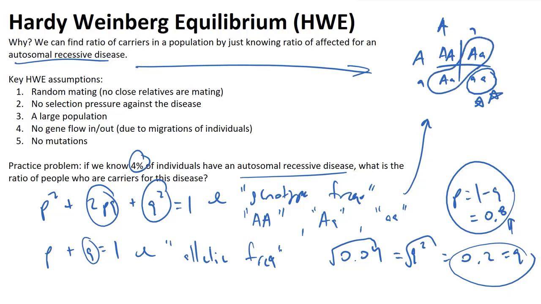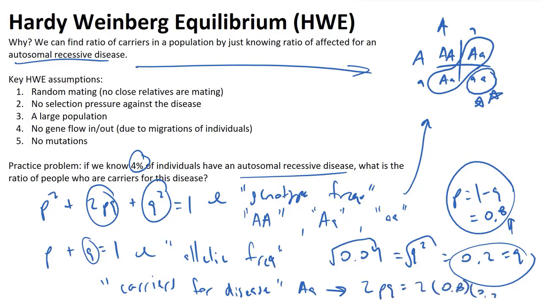Just to spell this out, carriers for disease are people with that big A, little a genotype, and this is equal to 2pq, which is equal to 2 times 0.8 times 0.2.